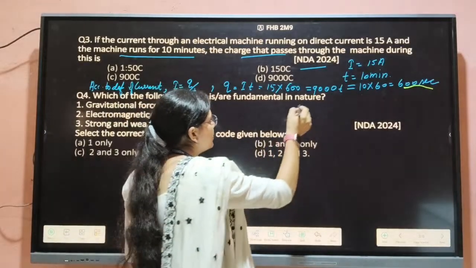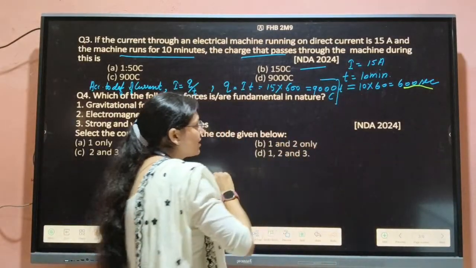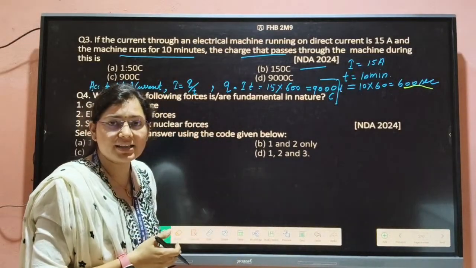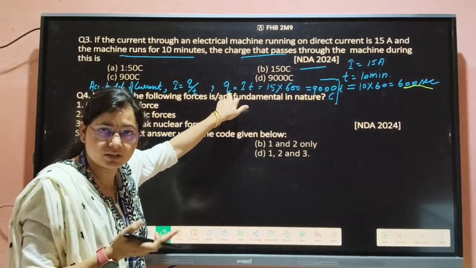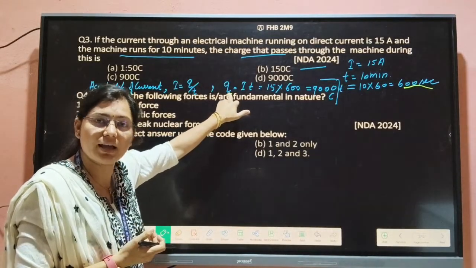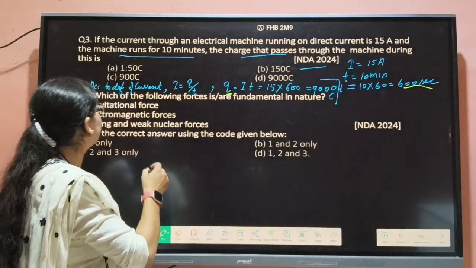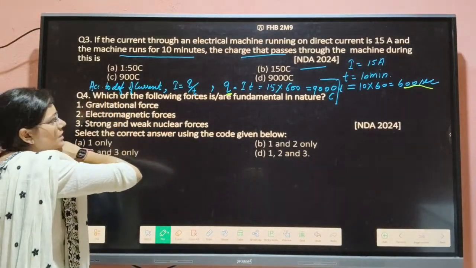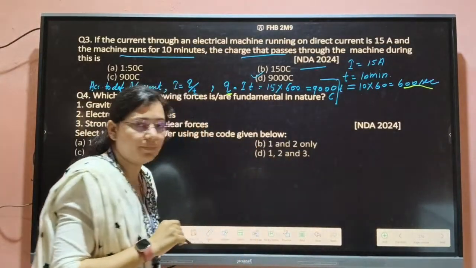Okay, this one answer will be there, then it will be in coulomb only beta. This is the SI unit of charge, since we have converted current and time into SI units. So charge will also come in our SI unit only, and the SI unit of charge is coulomb. So here the right option, you can check your options. Now the right option will be equal to 9000 coulomb.